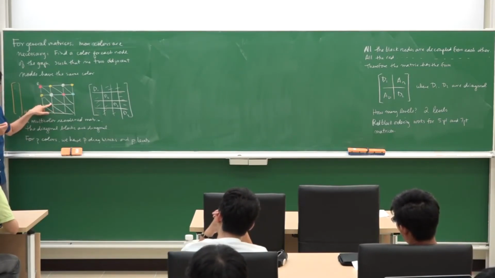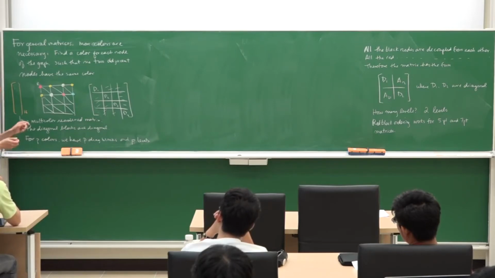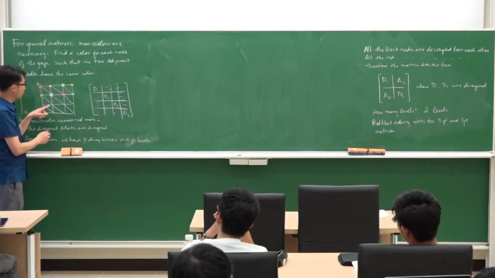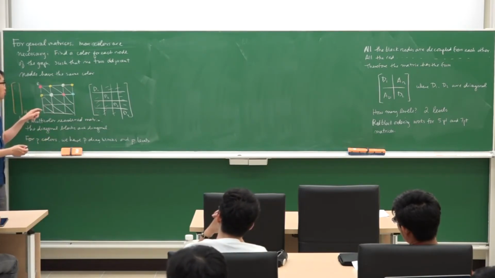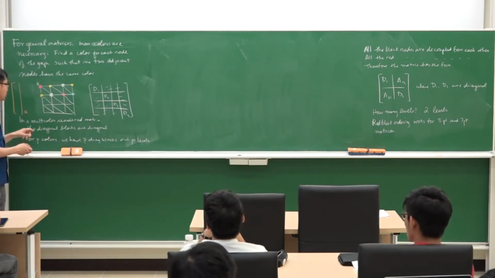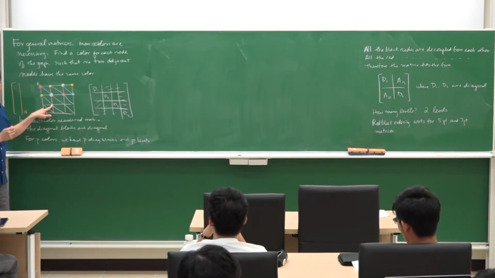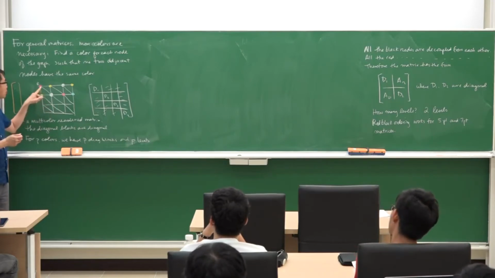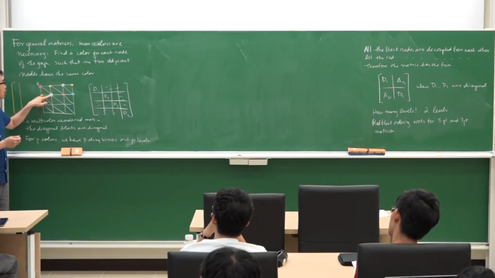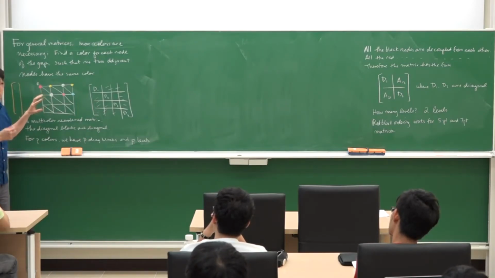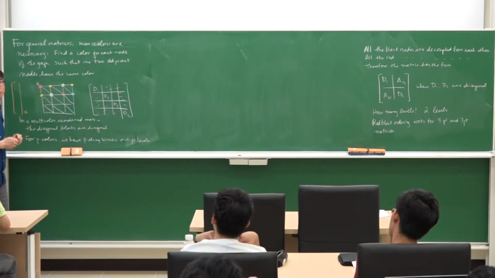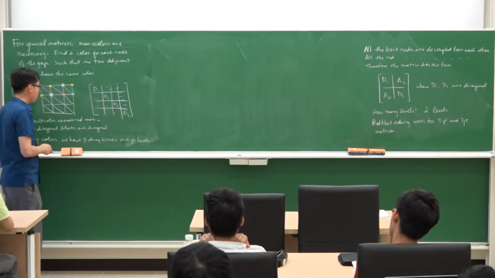Just use, if the colors are numbered, the lowest numbered color, right? You might end up with a really bad situation in which you are forced to choose a color that you don't want to use. So it's sometimes better to just choose one and then look at its neighbors and color, and then look at all of its neighbors and color, something like a breadth-first traversal of the graph, and then color that way.